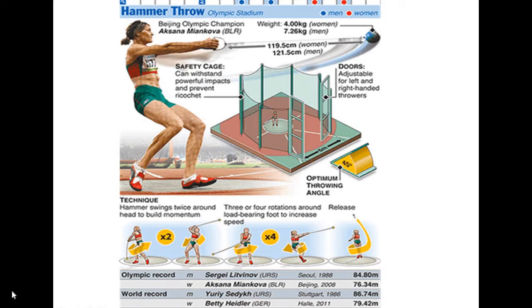It is covered by a net, and the length of this string for women is 119.5 centimeters, and for men it is 121.5 centimeters, and it is thrown in the air. The person who throws the hammer to the maximum distance wins the sport.